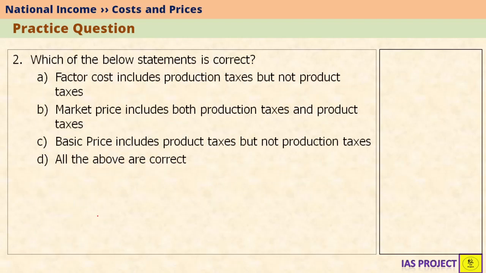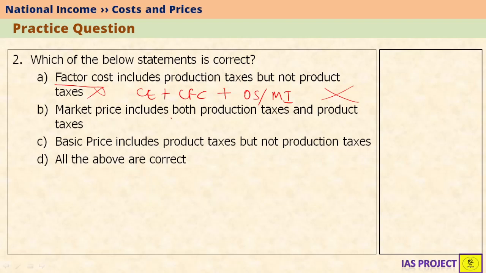Let's look at the second question. Factor cost includes production taxes but not product taxes. The answer is, this option is wrong, because the factor cost formula is nothing but compensation to employees plus consumption of fixed capital plus operating surplus or mixed income. It does not have any kind of taxes in it.